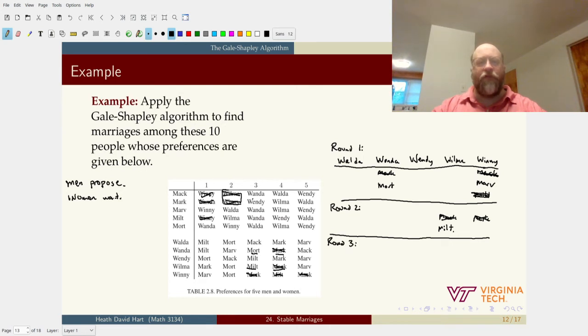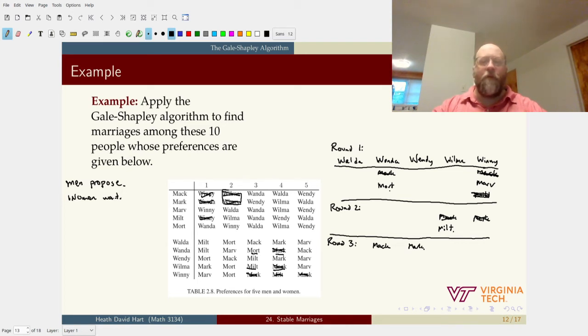they approach their third choice. So Mac is going to approach Wanda. And Mark is going to approach Wendy. Well, nobody else has approached Wendy yet. And so Wendy doesn't have to make a choice between two suitors. But Wanda does.